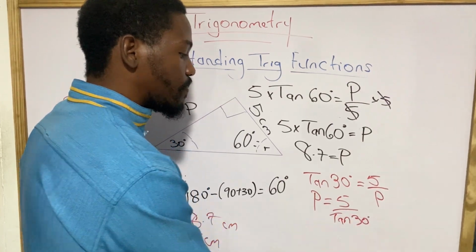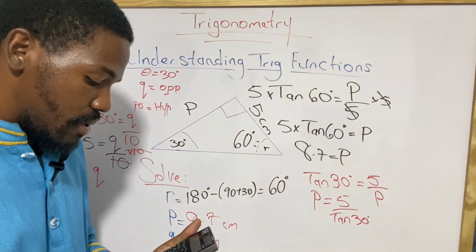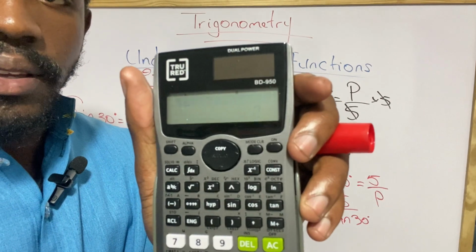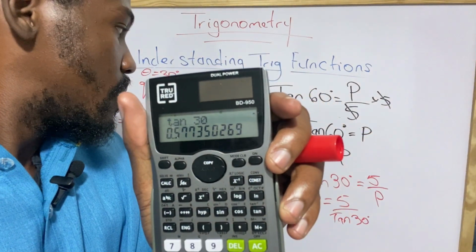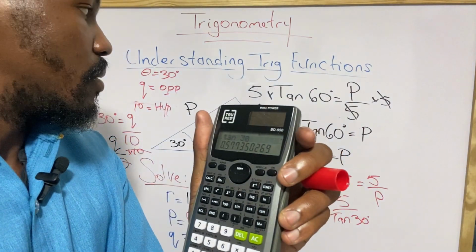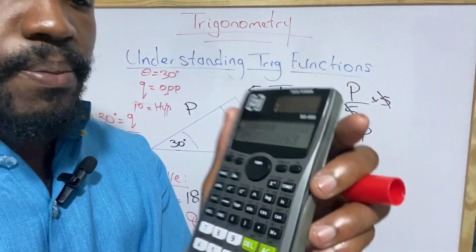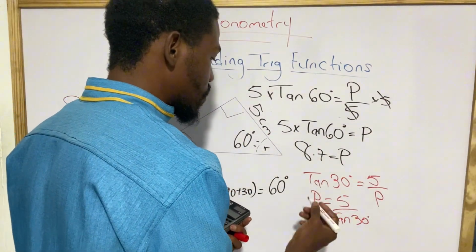So we know that tan 30, I'm just going to round that off, is 0.57. I'm going to put 0.58.